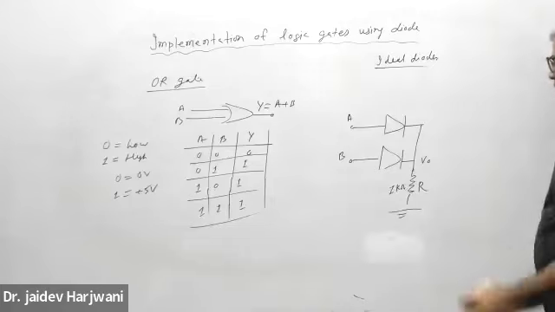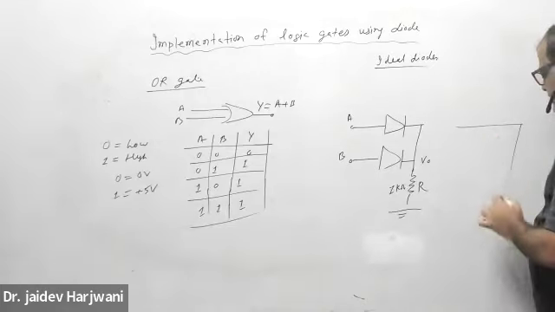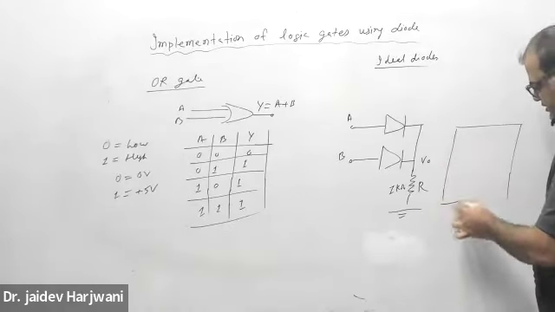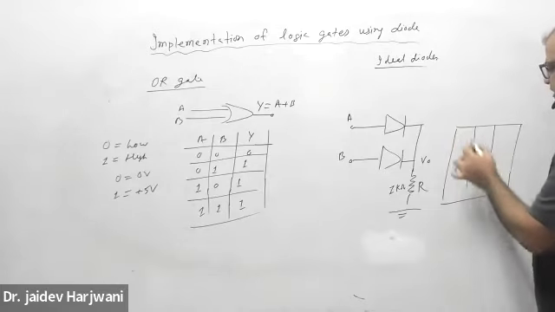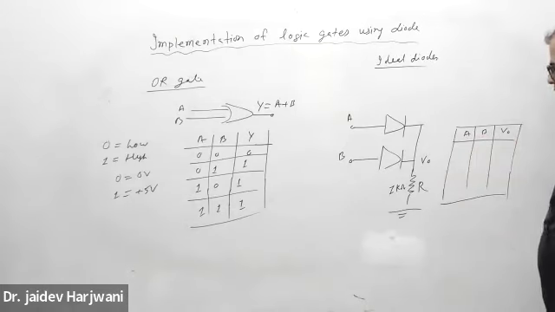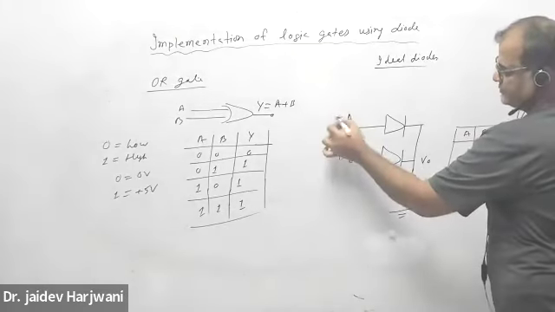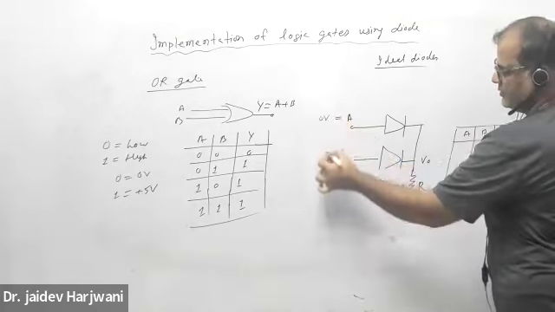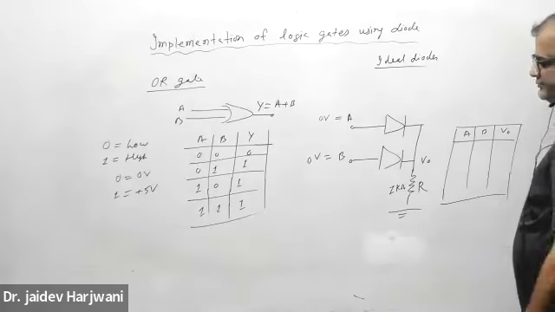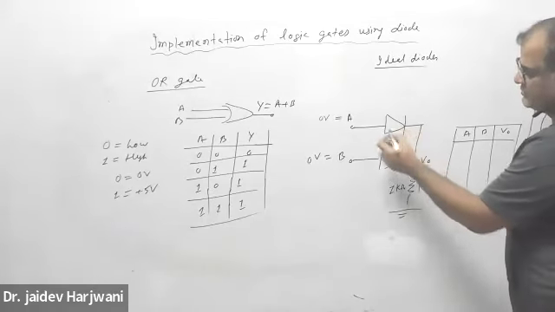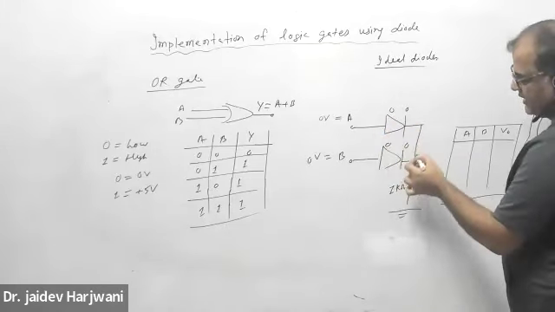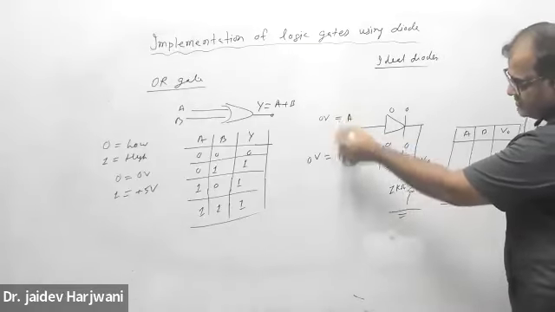Okay, now let us make a table and see how they implement it exactly, with A, B and V naught. Now if A is 0 volt and B is 0 volt, then what will happen? The diodes cannot conduct, so they remain open circuit, and you're not getting any current because of the applied voltage.